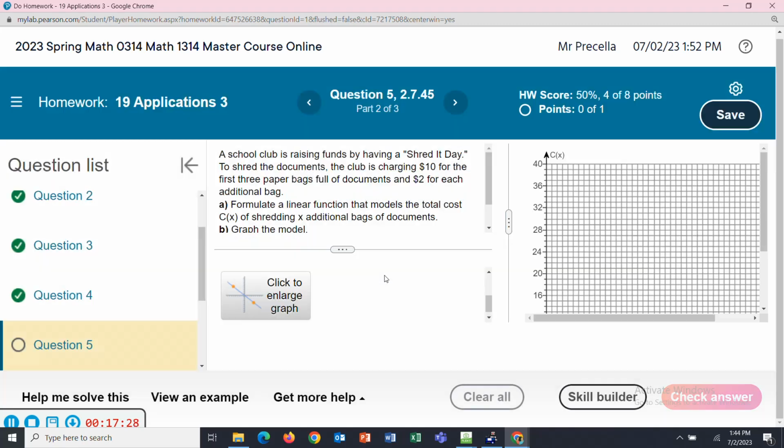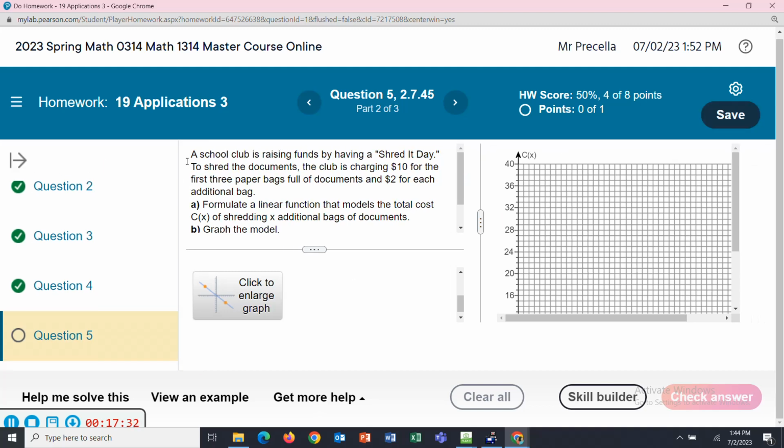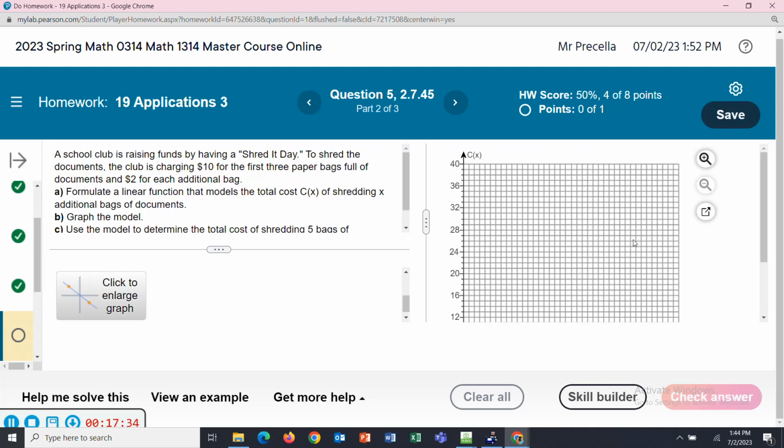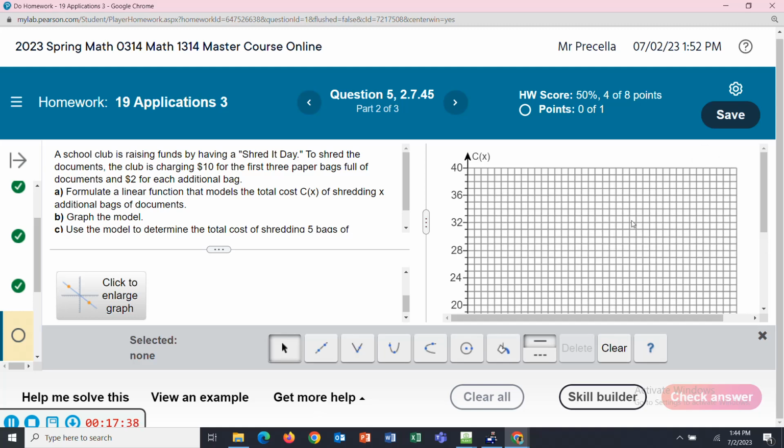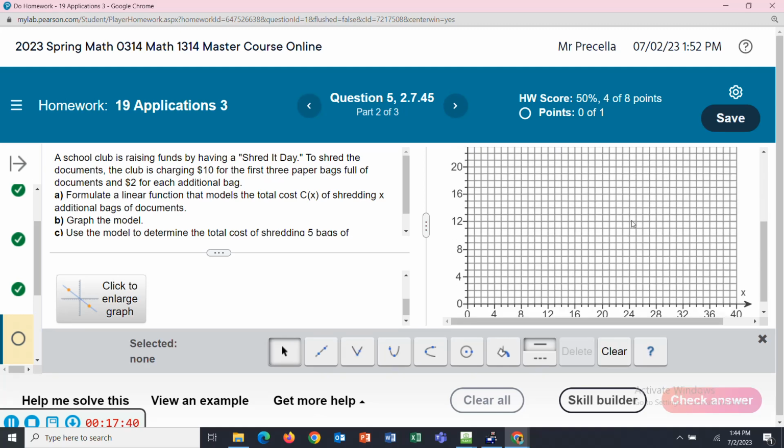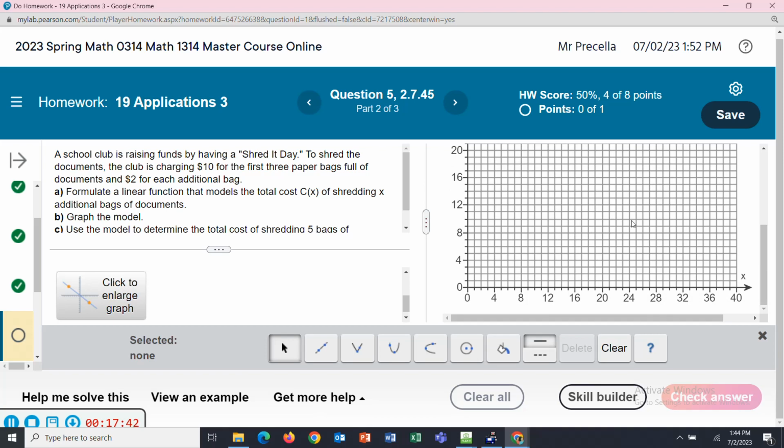Now part B says to graph this model using this graphing tool over here. Let me see. What should I do? To graph a line, and it's in the form y equals mx plus b, so it is a line.